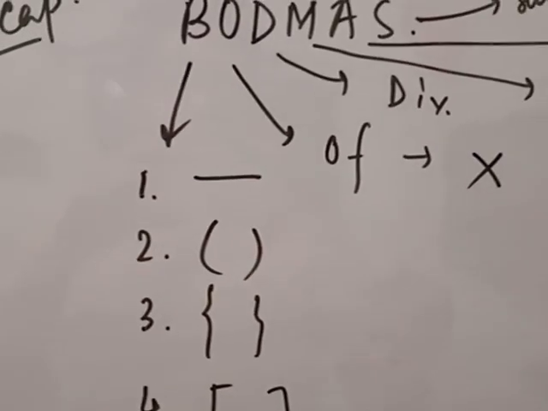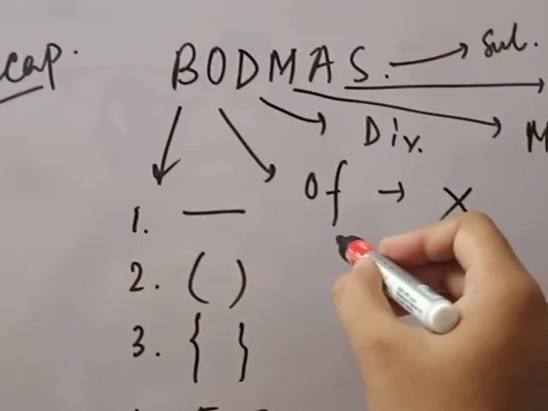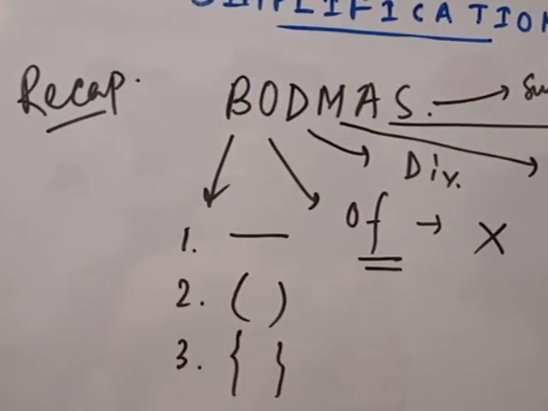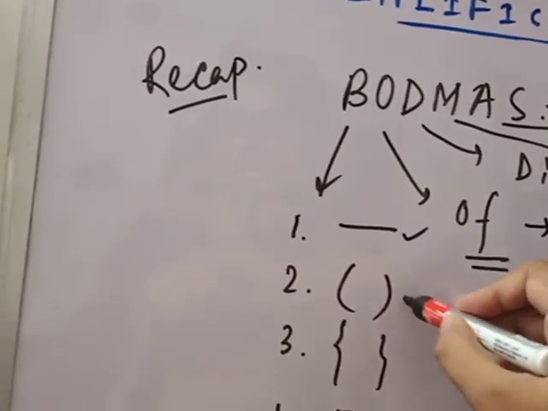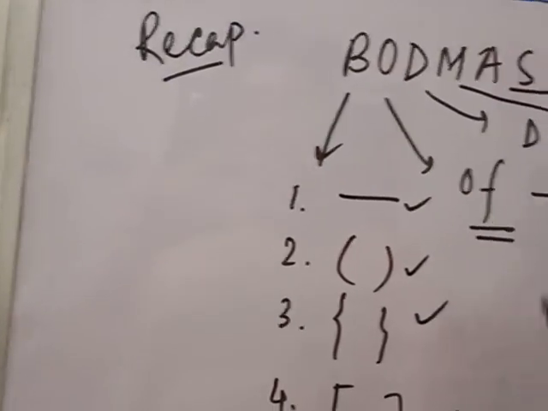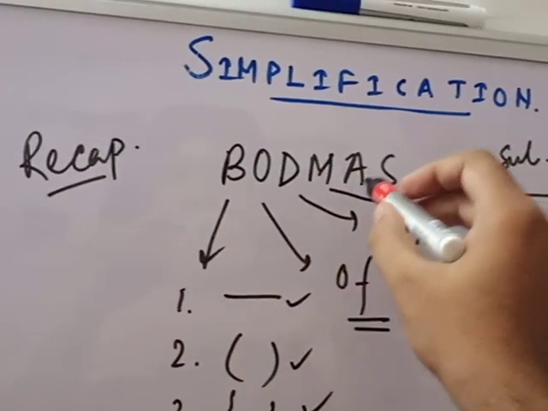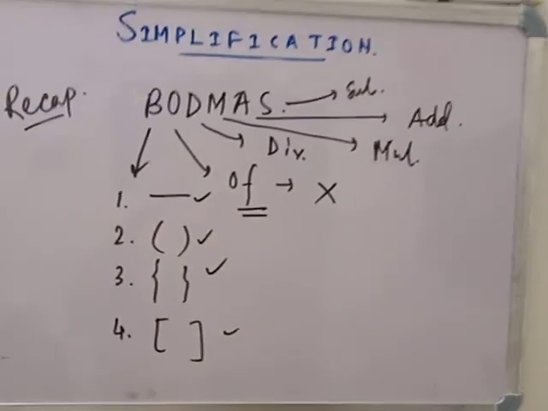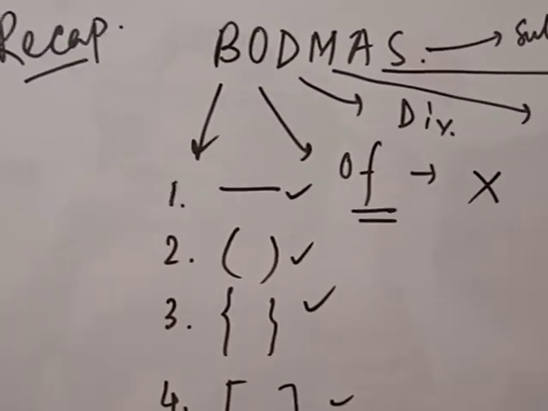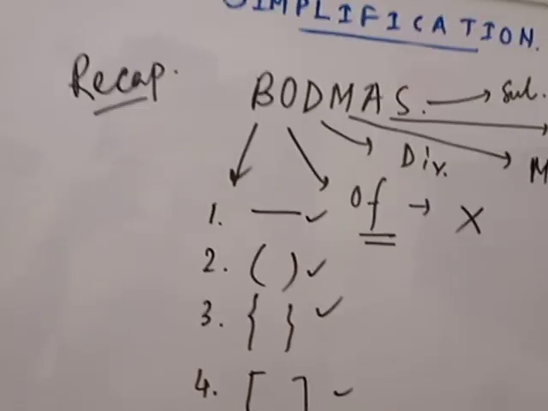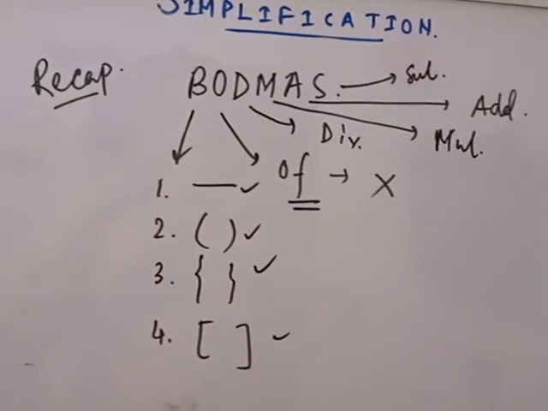In a simplification question, you have to do the work of the of or bar first, then correspondingly brackets, then division, multiplication, addition, and subtraction. Don't forget this. Do it by the process. If you do not follow the process, then your problem will be wrong.